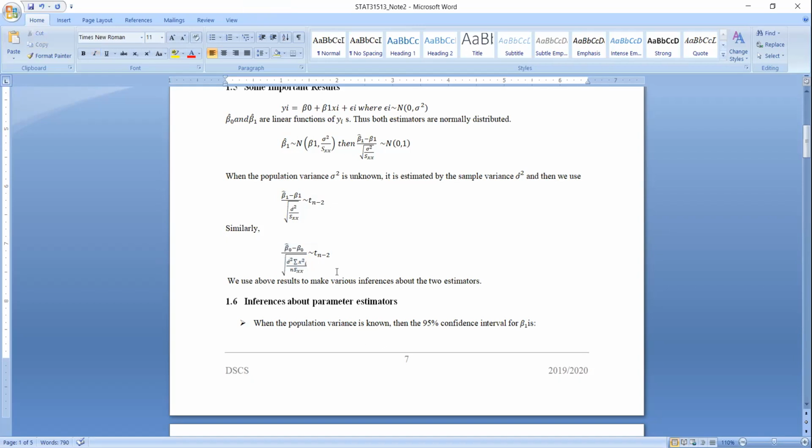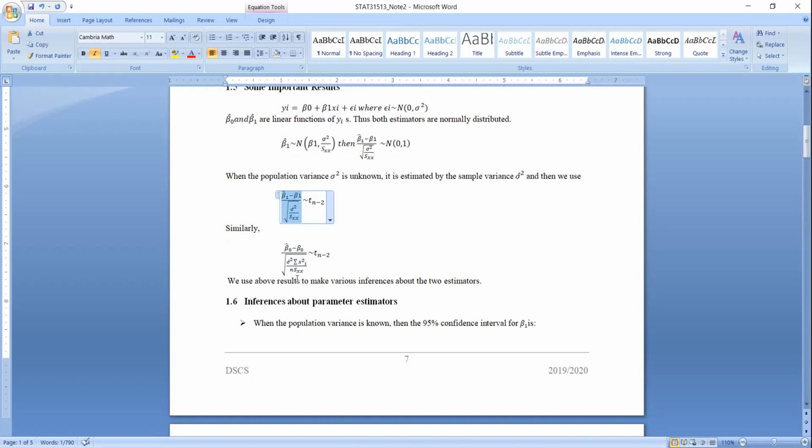Same thing. The only difference is the numerator. Here we have beta naught hat minus beta naught, and here we have beta 1 hat minus beta 1, and here the standard deviation is sigma squared hat divided by SXX.